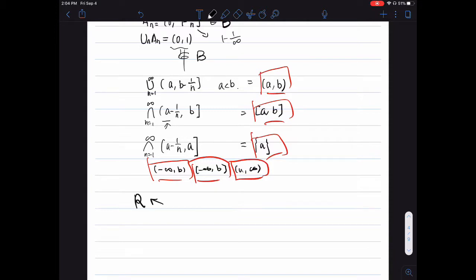You see that these six possibilities cover all the possible results of Boolean operations on the space R.